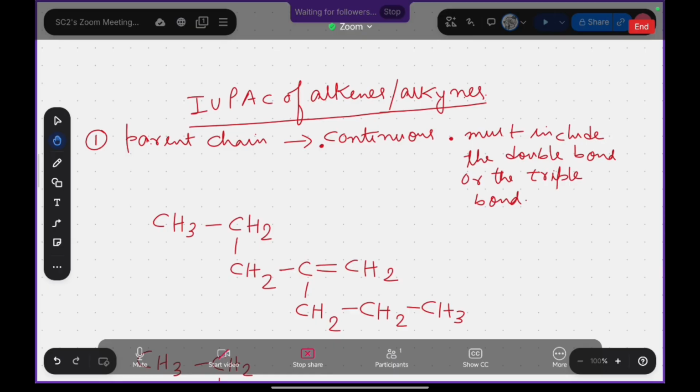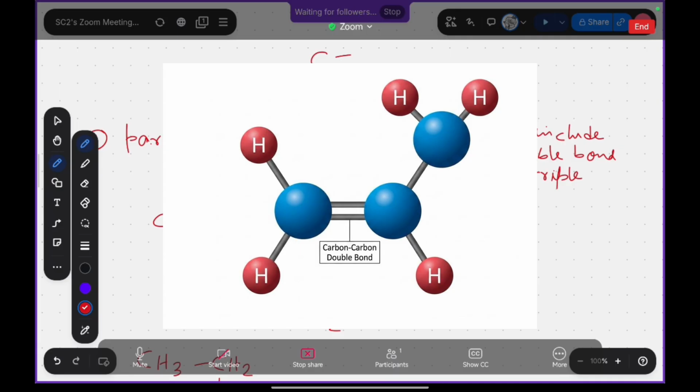Today's class is about the IUPAC of alkenes and alkynes. So what do we mean by alkenes first of all? Alkane means carbon-carbon single bond. Alkenes are those hydrocarbons or organic compounds where there is at least one carbon-carbon double bond.